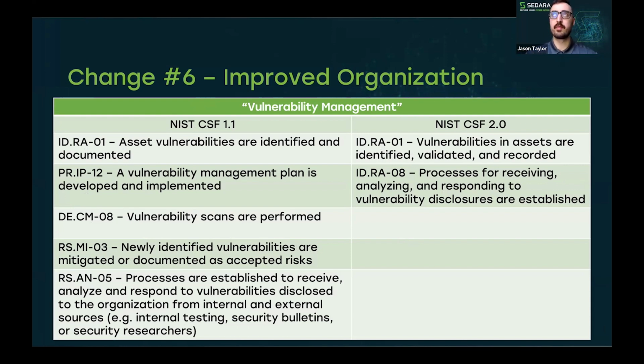Well, if you were to track that concept of vulnerability management down in the NIST CSF 1.1, you would have to go look at all of those subcategories. So you'd have to go across 4 different functions, across 5 different categories and 5 different subcategories just to get at the same concept of vulnerability management.